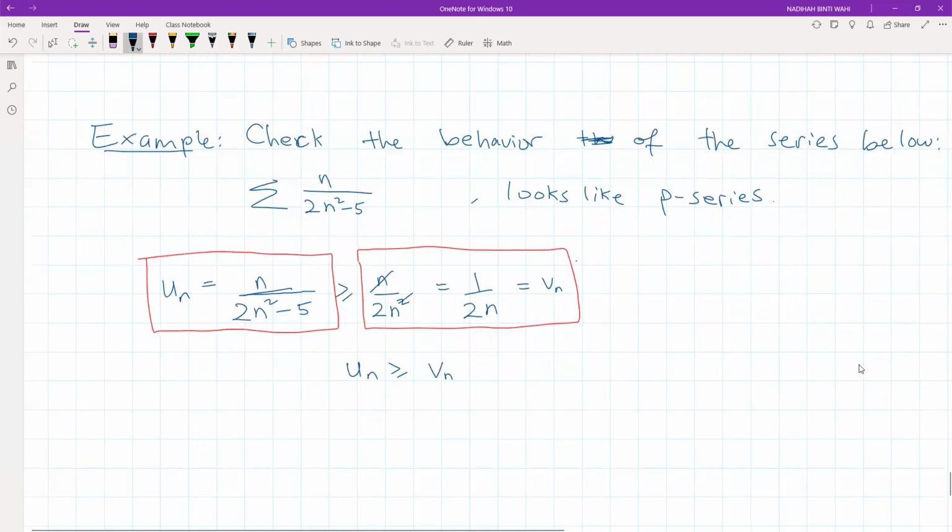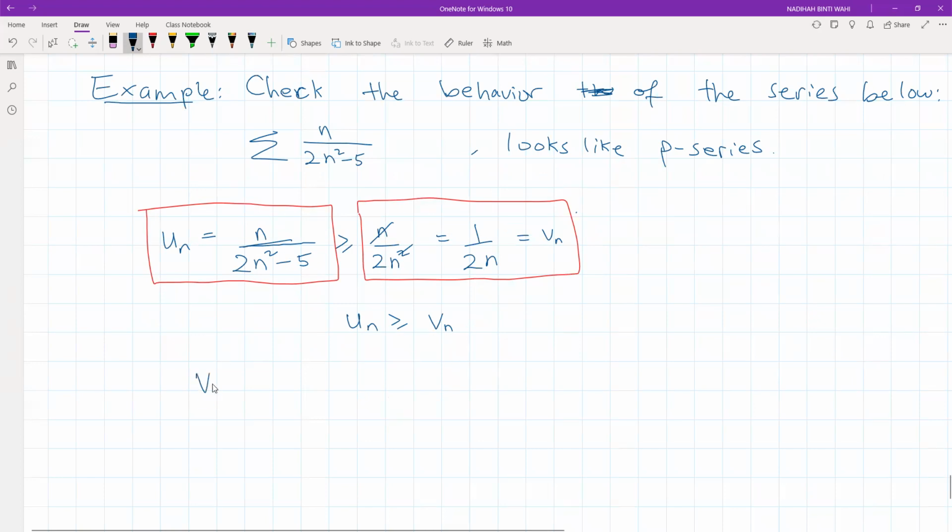Okay, now let's check the Vn. Vn equals to 1 over 2n. So this is the nth term for Vn, and the series will be the sum of 1 over 2n. So this equals to 1 over 2 times 1 over n.